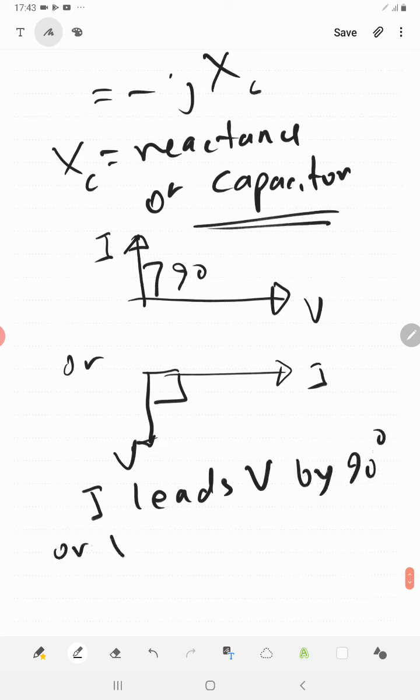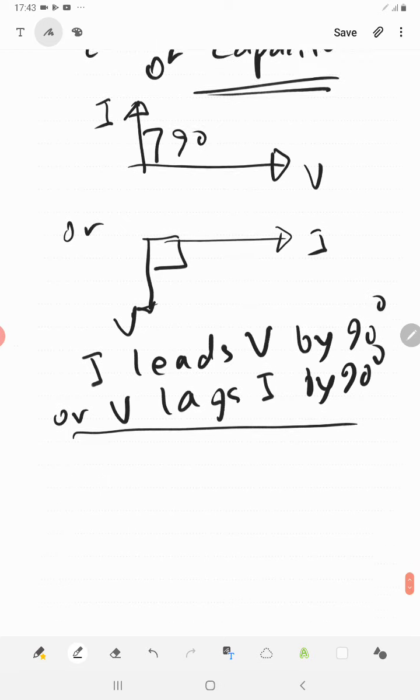Or we can say V lags I by 90 degrees. It's the same, okay? V lags or I leads. So, in the case of a capacitor, the voltage lags the current by 90 degrees, while in the case of an inductor, the voltage leads the current by 90 degrees, okay? This is very important.